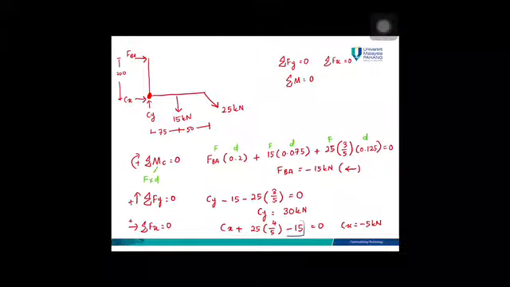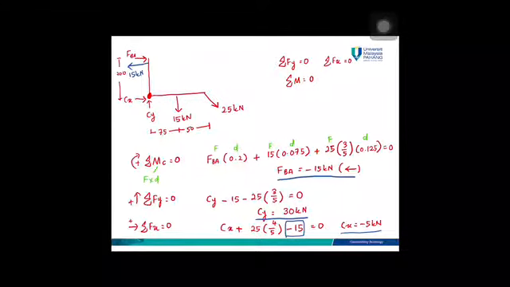I put negative here because I changed the direction. It should be, when you calculate A, you will get 15 kilonewton to the left. That's why it is negative. Now you already have all the internal and also support reaction values.